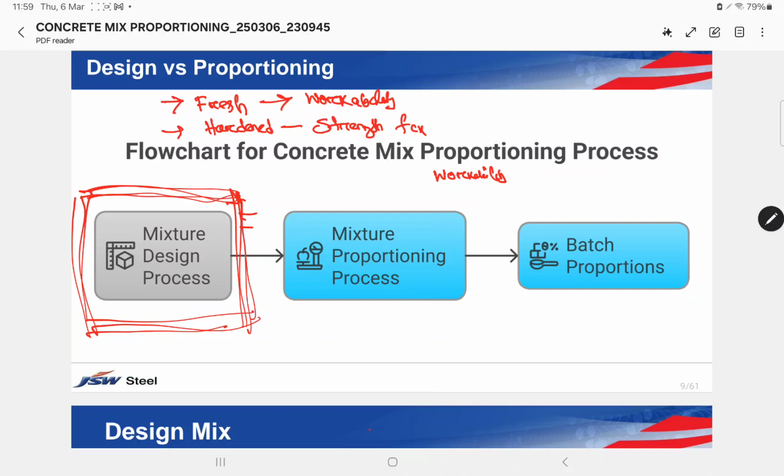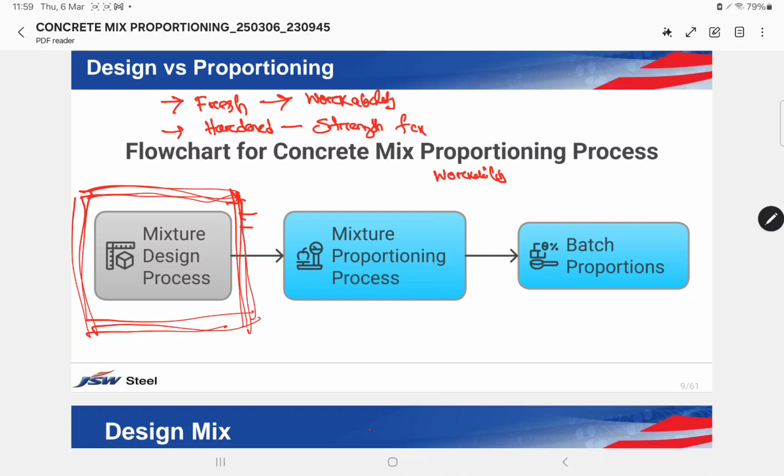From the mix design stage, you finalize what will be your workability, what is your strength, what is your type of cement, what is your minimum cement content, what is your maximum water cement ratio, and what type of aggregate or other materials you need to use. Those things will be finalized during the mix design stage.